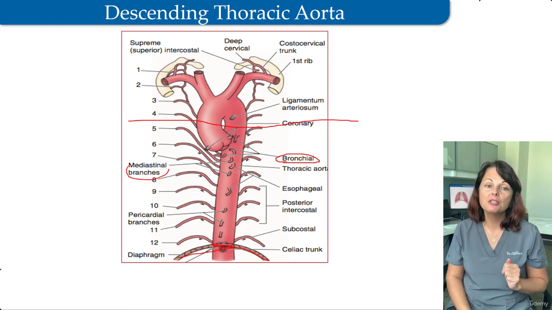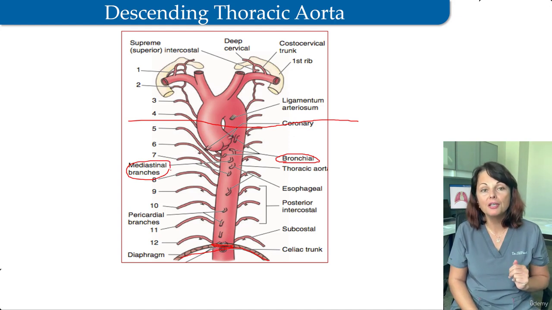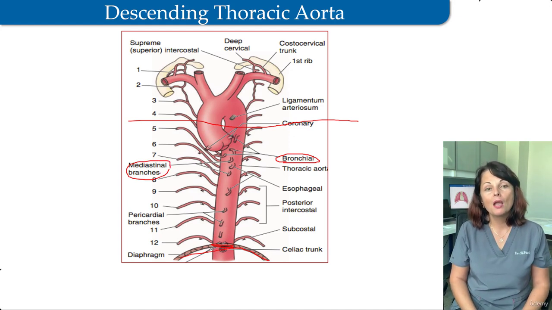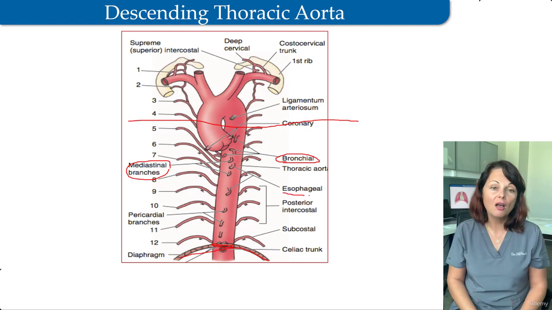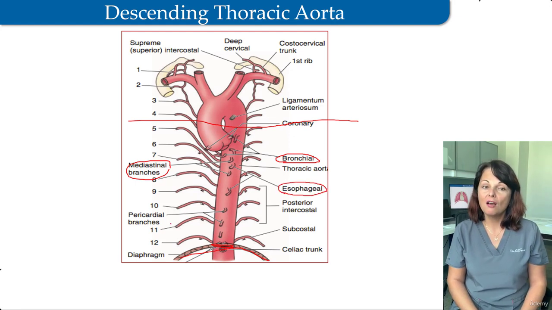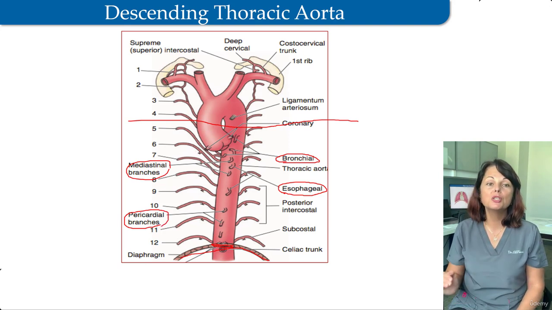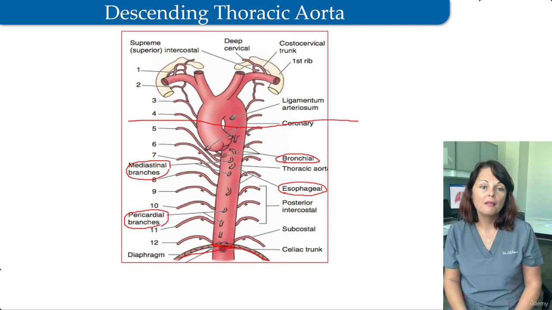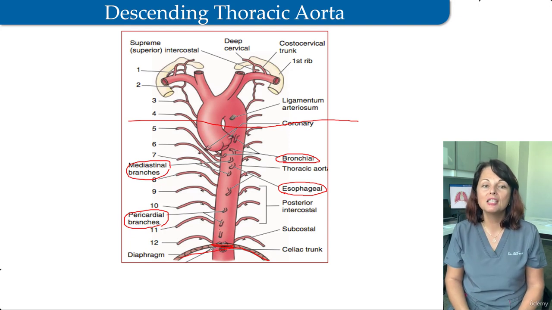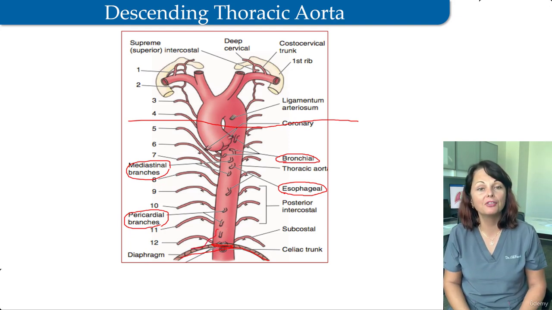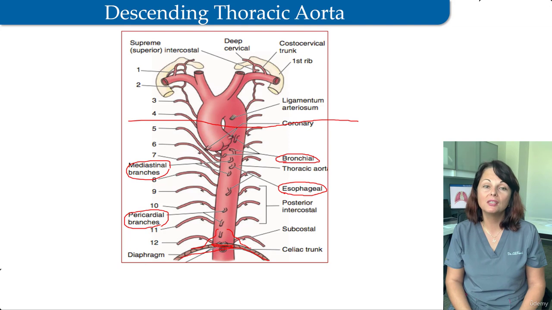Mediastinal arteries, which supply the lymph nodes and other tissues of the posterior mediastinum. 2 to 5 esophageal arteries, pericardial arteries, superior phrenic arteries to the superior surface of the diaphragm, and these anastomose with the muscular phrenic and pericardiac phrenic branches of the internal thoracic artery, and of course the paired posterior intercostal arteries, the branches that supply the walls of the thorax.